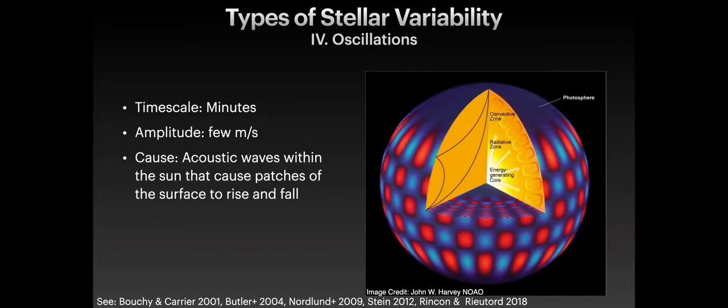The sound waves, which are shown as the black lines in the cutaway part of the diagram, resonate through the star and are produced by hot gas that's churning in the convection zone, again, lying above the radiative zone and the sun's core. And so these pulsations occur on timescales of minutes, often 5 to 15 minutes for sun-like stars, and they have an amplitude of a few meters per second.